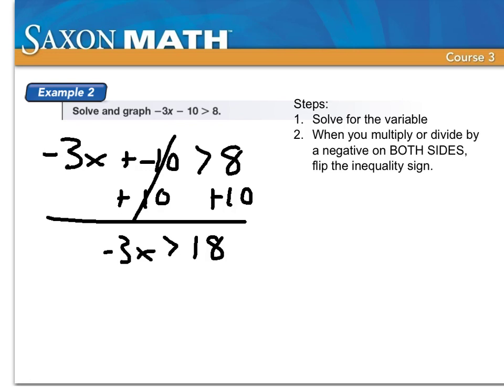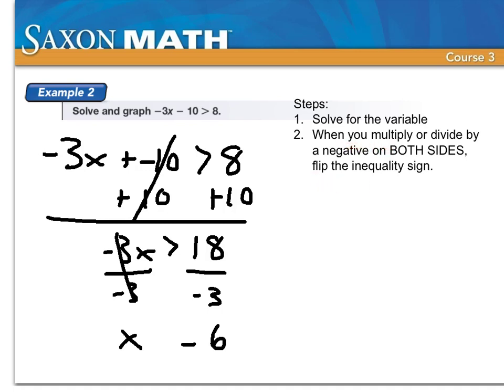Now to get x by itself, I have to divide, okay? Because this says -3 times x. Well, the opposite of multiplying by -3 is dividing by -3. Okay? This cancels, and I get x, and 18 divided by -3 is -6. Now here's where step 2 comes in.